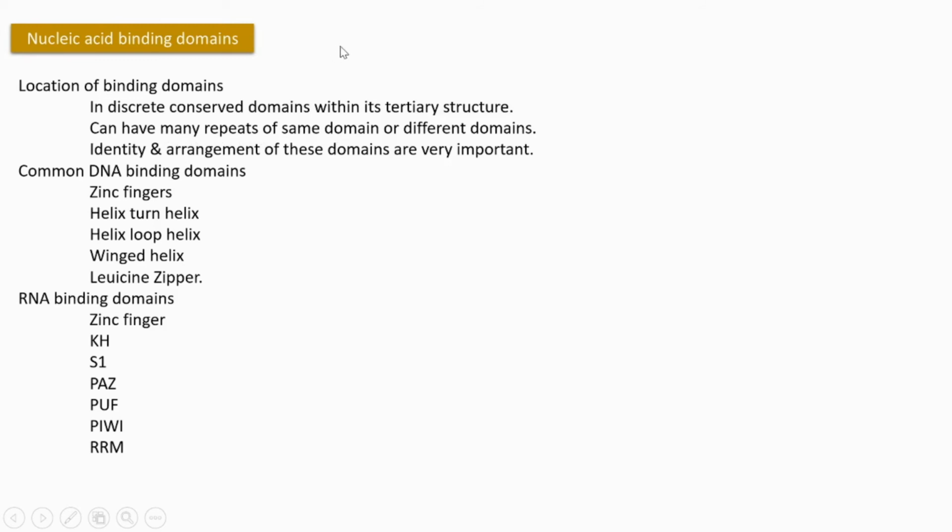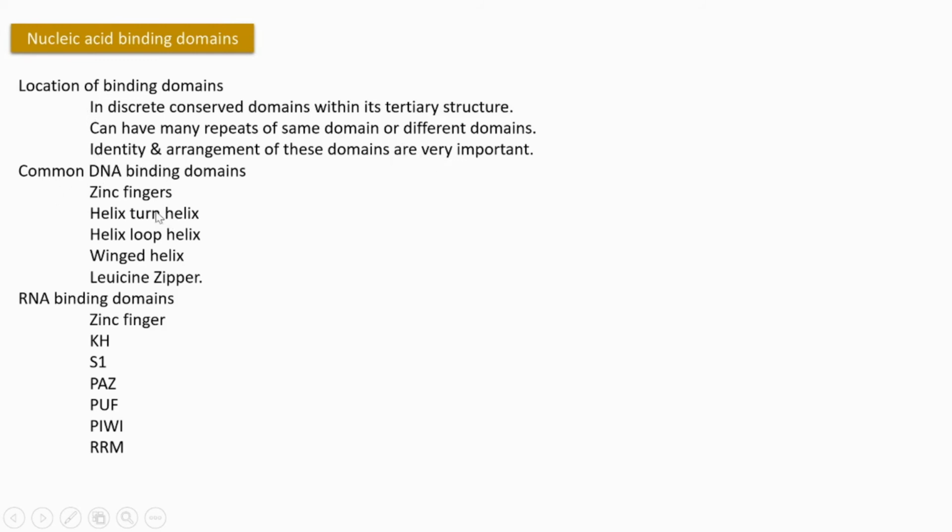It may contain many domains, and all those domains may be of the same type or different types. The identity and also the arrangement of these domains are very important for the interaction with the concerned proteins.